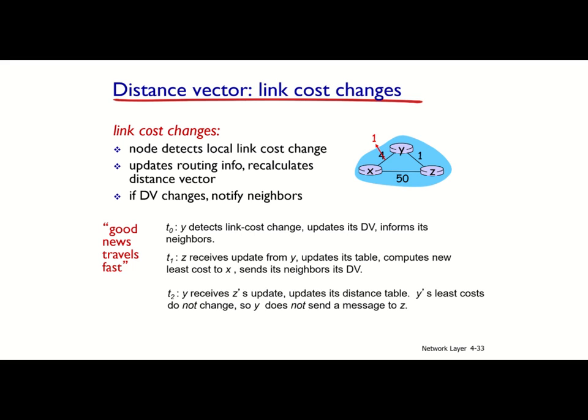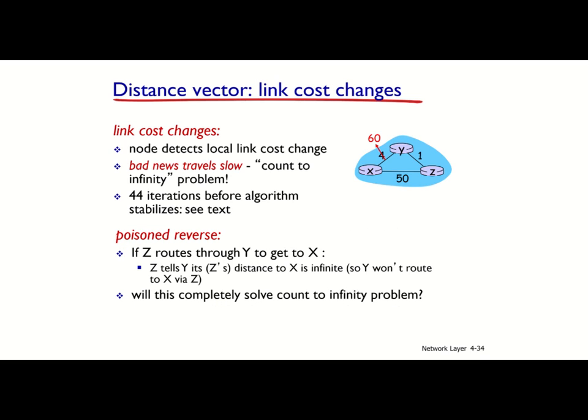In this case, we have the same topology, but the cost of the link between x and y increases from 4 to 60. So we have bad news here. The bad news in distance vector travels slow, despite what we saw about the good news, which travels very fast in the network, but bad news travels super slow. I don't want to explain this problem in detail, but this problem is called poisoned reverse.